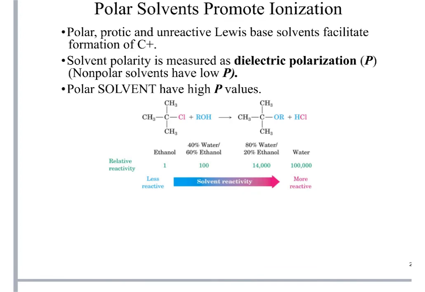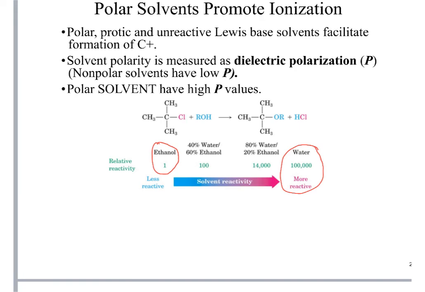So here are the solvents that best promote the SN1 reaction. Notice that on one end of the spectrum we have pure alcohol with a relative rate of 1, increasing 100,000 times when we replace pure alcohol with pure water.